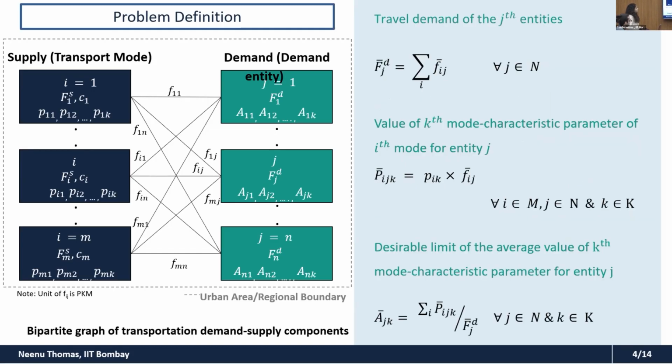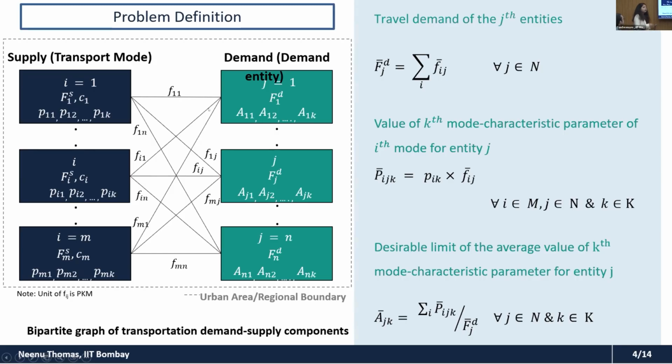So if we look specifically into this relation between the supply and demand, we can see the sum of the total demand will be satisfied by different transport modes, which is represented in terms of FIJs, and mode characteristics can be evaluated based on the flow.